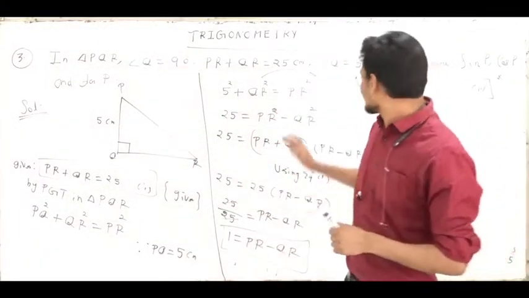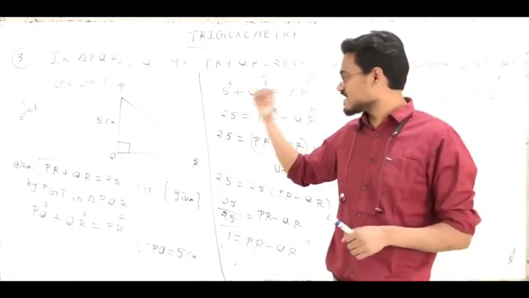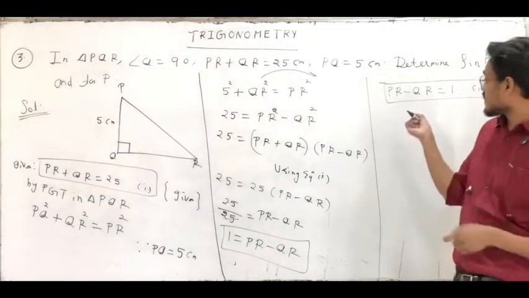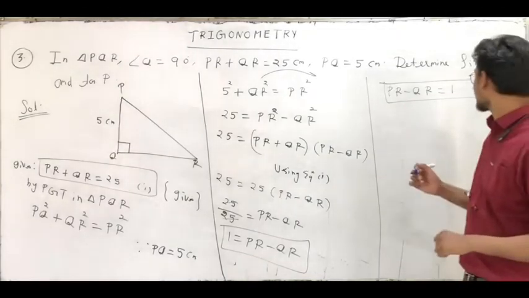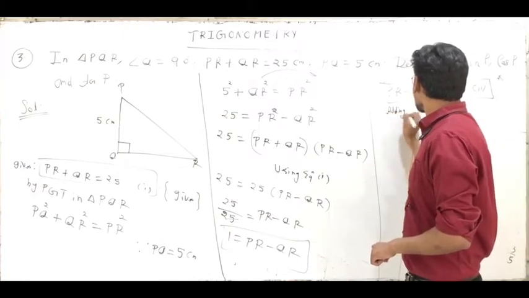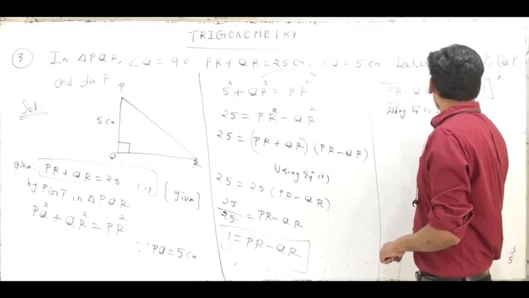Okay, that's two equations and there are two variables. We can use elimination directly. Just add these two. Okay, the QR will get cancelled out and the value of PR is calculated. Now adding equation 1 and equation 2.